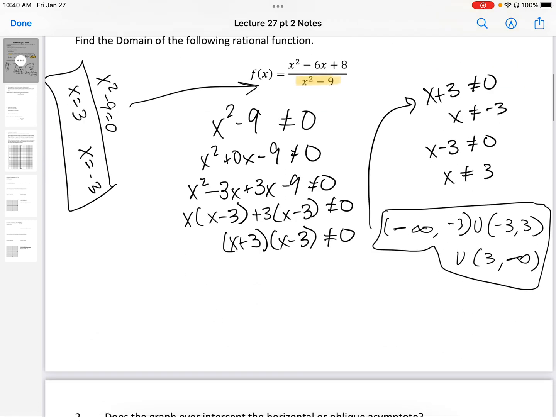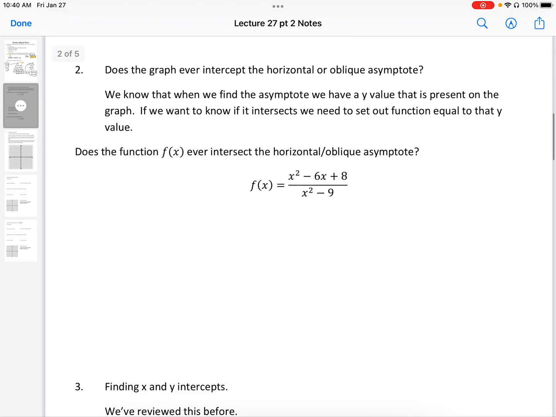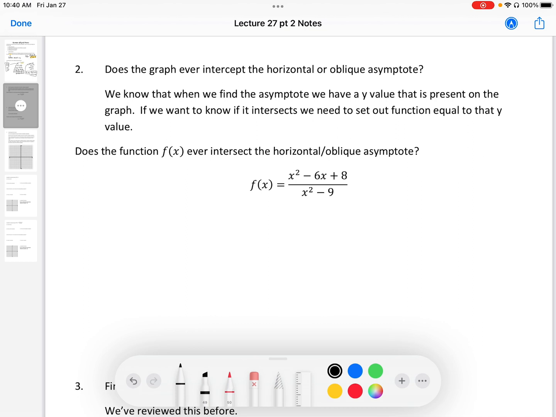The next thing that we are going to talk about is whether the graph ever intersects the horizontal or oblique asymptote. Starting out, we know that when we find the asymptote, we have a y value that is present on the graph.